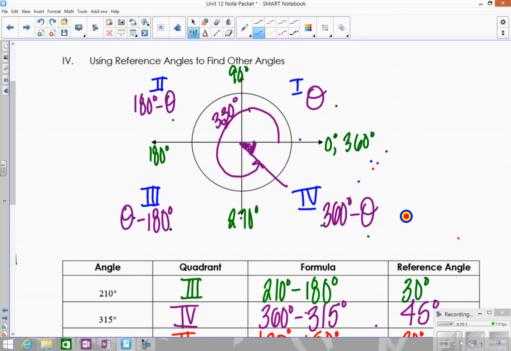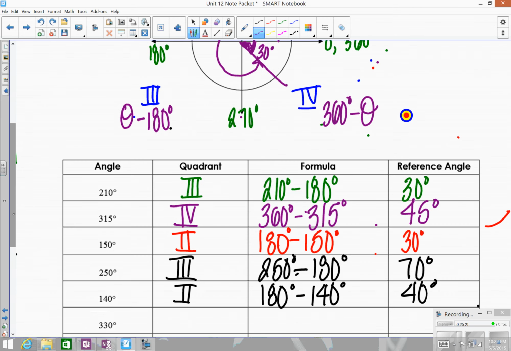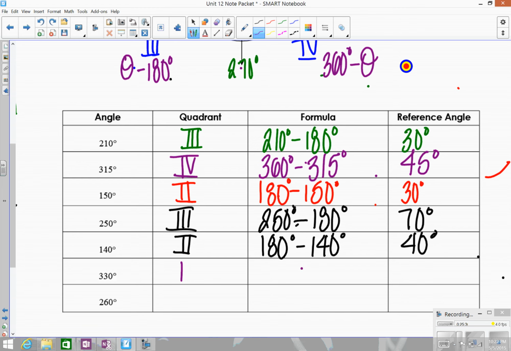So I have to figure out how many degrees are in there. So I do 360, the whole circle, minus the section I don't want, which is 330, and that'll tell me how much I'm left with. So you'd be left with 30 degrees as your reference angle. So essentially for the fourth quadrant, 360 minus what we don't want, and then you're left with your reference angle.